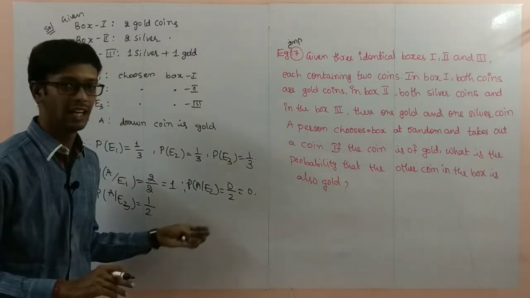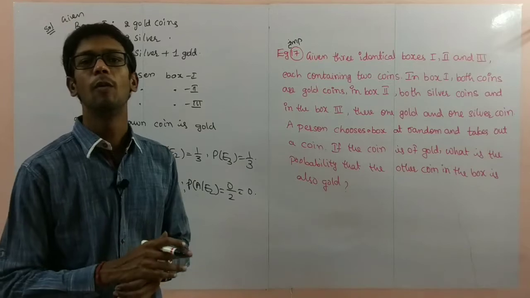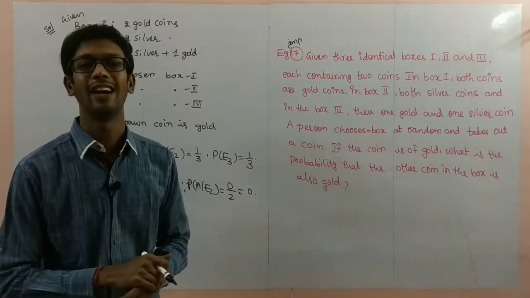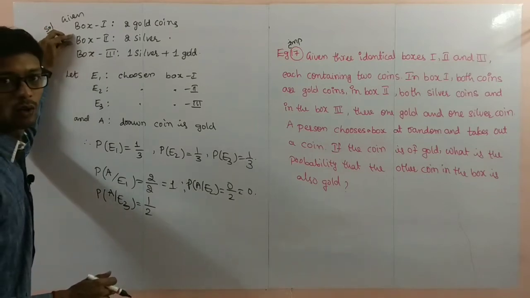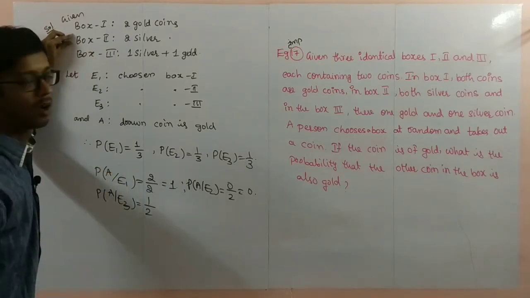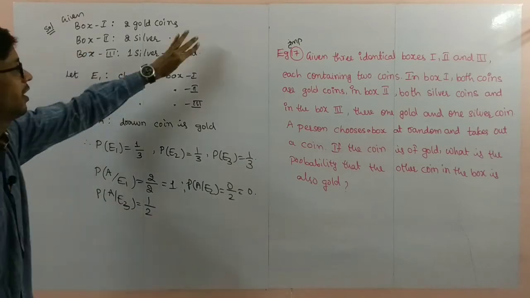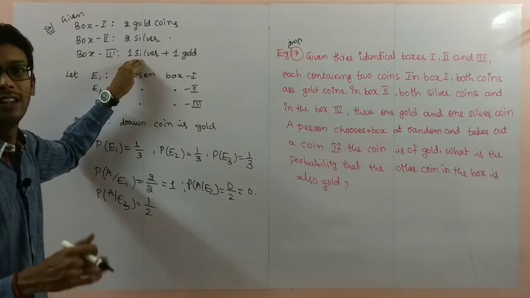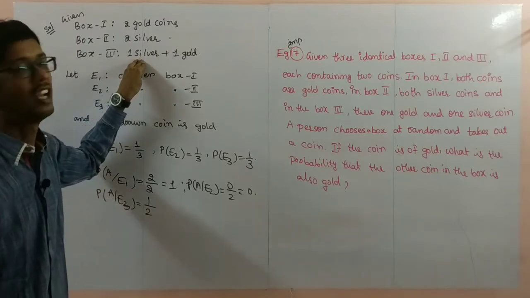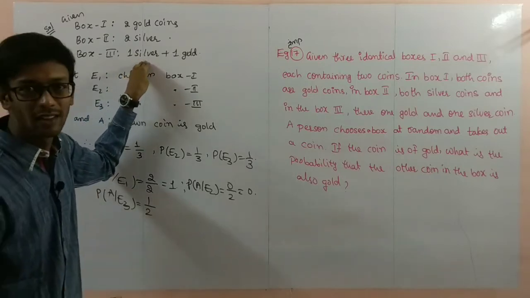Next, the other coin also being gold. First coin completed, another coin also gold. You observe here, we can't select from box 2, because there are no gold coins. Here already one gold coin was taken, and for the second also gold there is no possibility in box 3, because the other coin is silver.